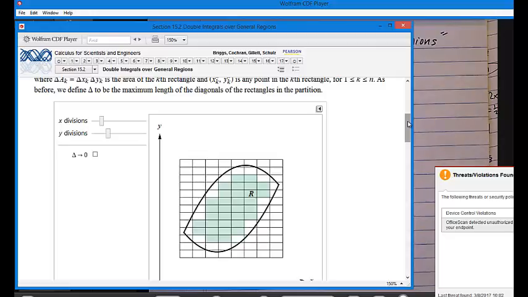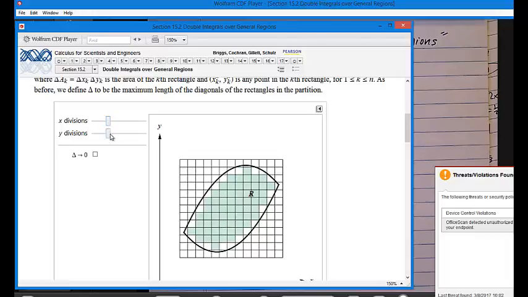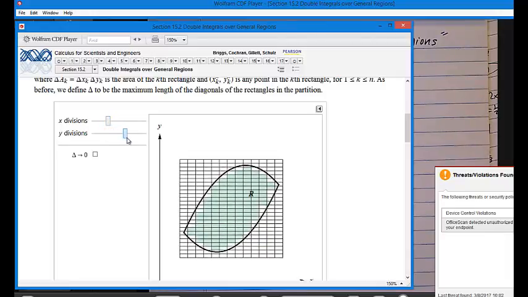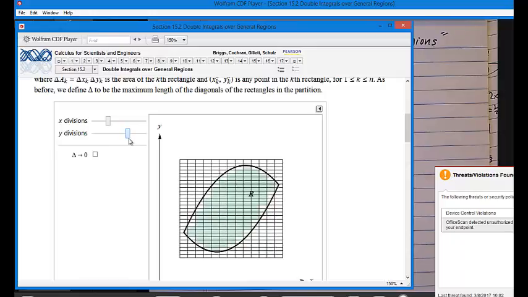So anytime you see a picture like this, realize that you can increase the number of x divisions or the number of y divisions. I'll really increase the y divisions, make thin rectangles, right? But what we're looking for is rectangles that are entirely contained within the region we're talking about.